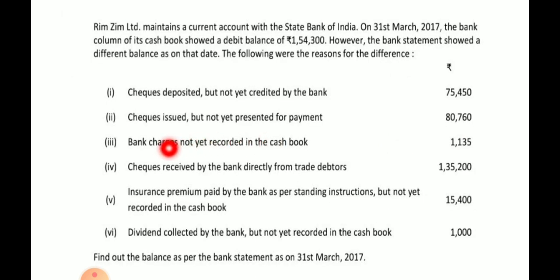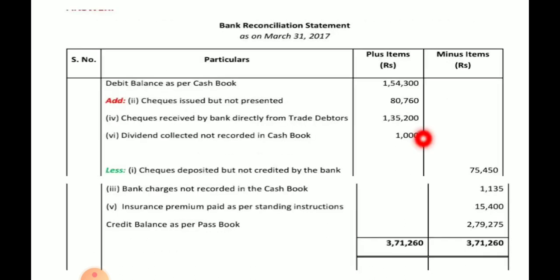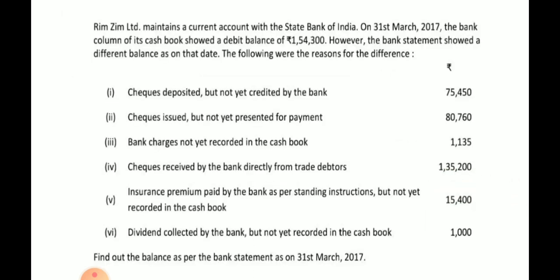Next is bank charges not yet recorded in the cash book. The bank charges some interest or a sum of rent from your account, but you still don't know about that, so the cash book shows the balance which is upgraded, so it will be written in this column, right?